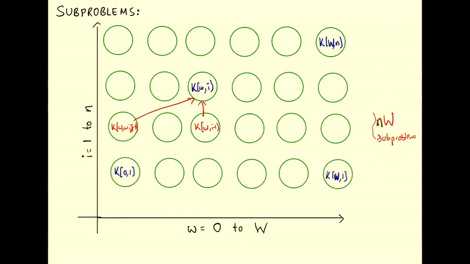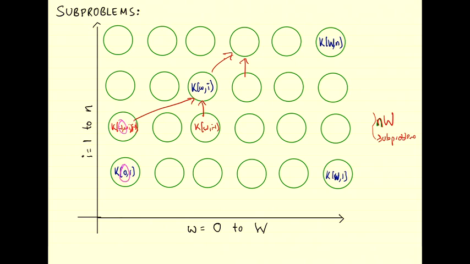Each of these subproblems depends on some other ones. In order to know the value of this, I need to know the value of some things before it. And for base cases, I do know the value of everything on the first column. If I have 0 weight, I cannot carry anything. The value is 0. So all of the subproblems on the right, we know the values.